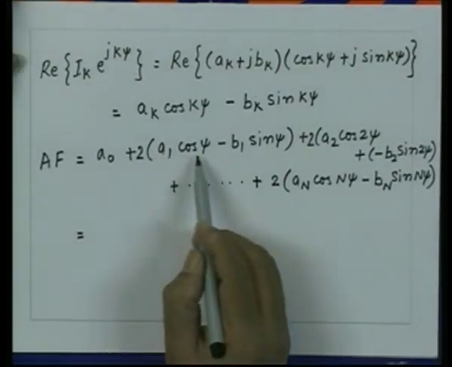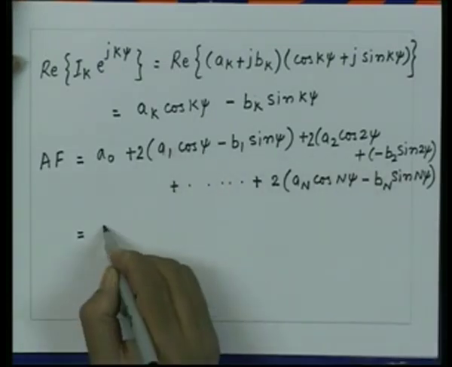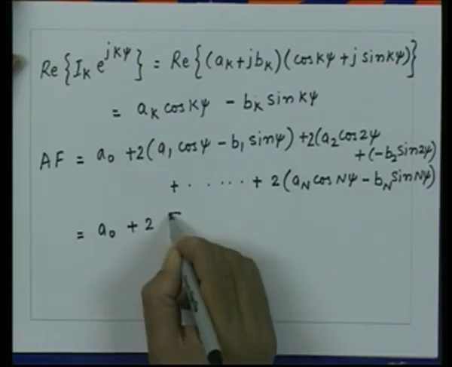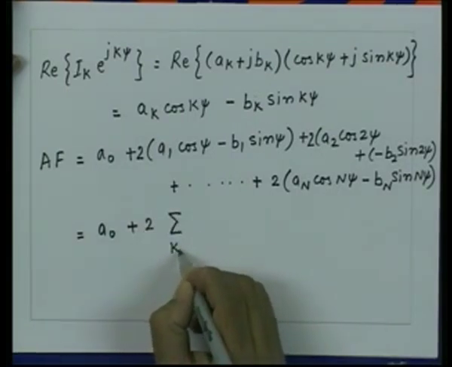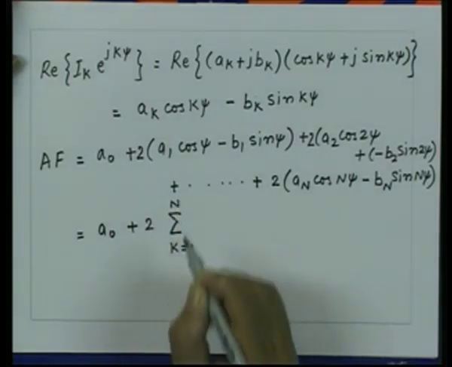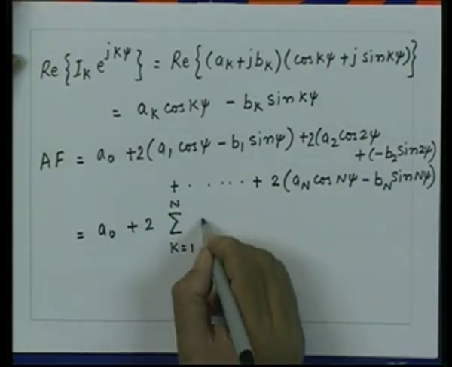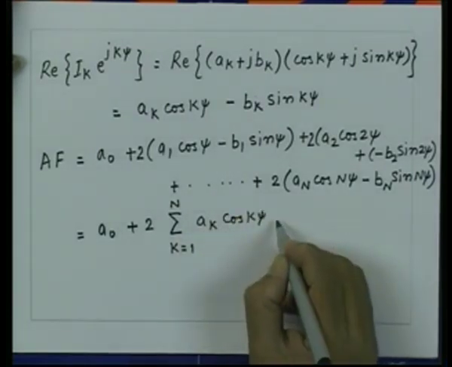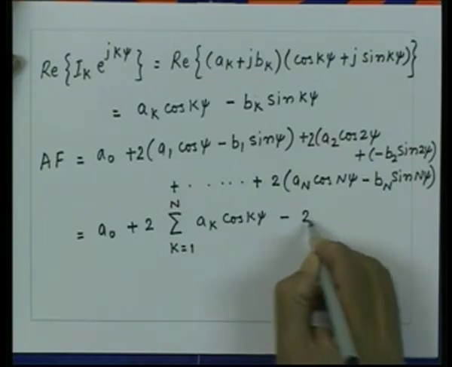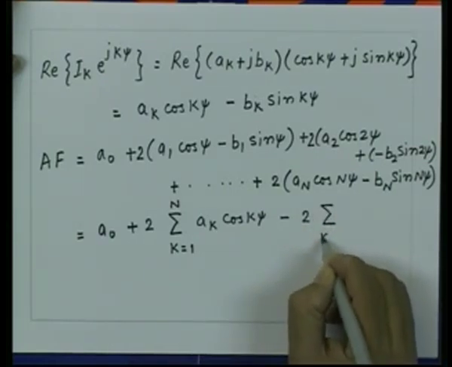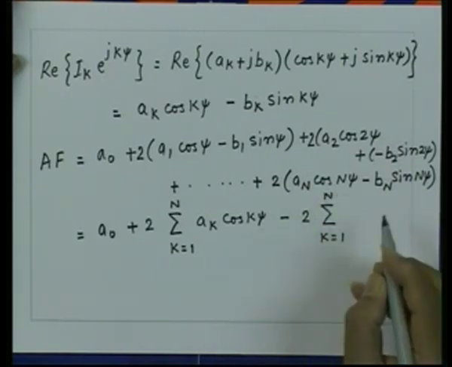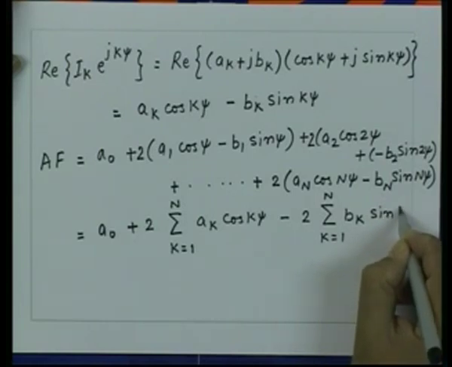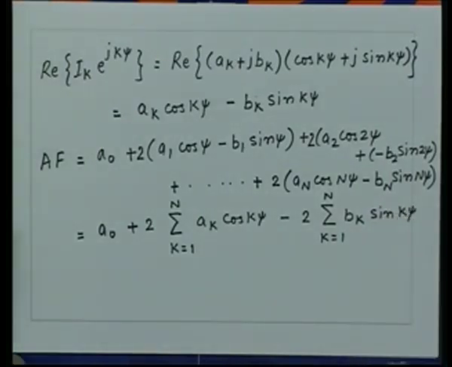We can write down this term on cosine in one summation and sine in another. So, that will give me a0 plus 2 times summation k equal to 1 to n ak cosine of k psi minus 2 times summation k equal to 1 to n bk sine of k psi.